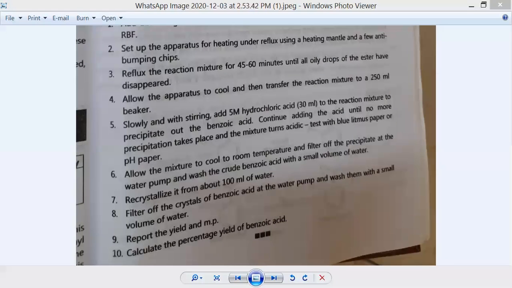See, we know the suppose molecular weight of benzoyl chloride is X and benzoic acid is Y. So X and Y. Now they have given the quantity of 5 gram of benzoyl chloride. So for X amount of benzoyl chloride will generate Y amount of benzoic acid.